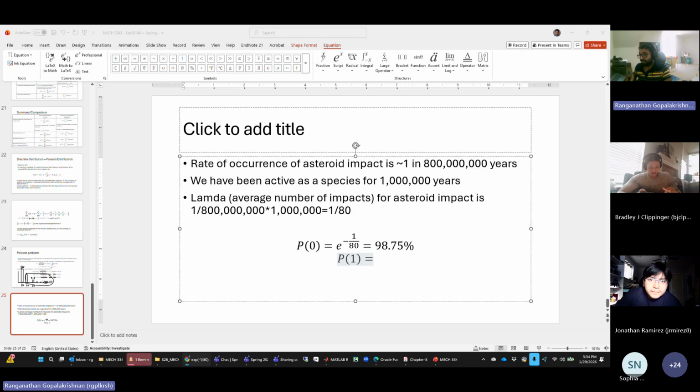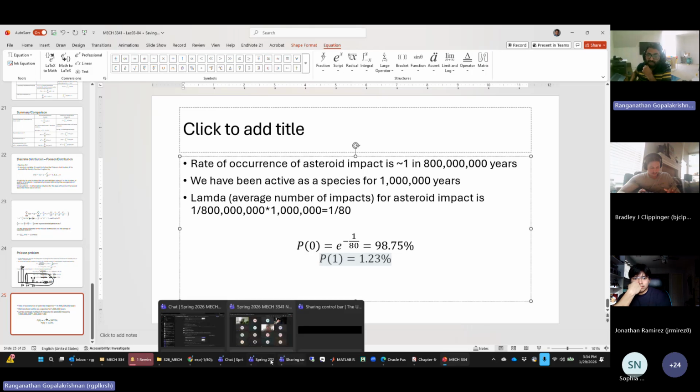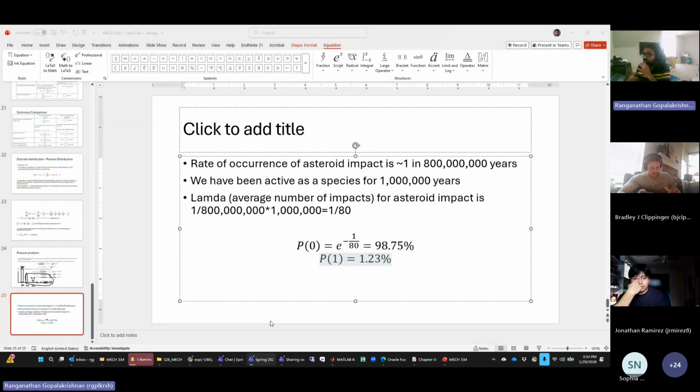You can't say for sure because there is about a 1.23% chance that there will be one impact over 1 million years. 1% chance. Two impacts, that's even smaller. 3 impacts, even smaller. But one impact, 1.2% chance.